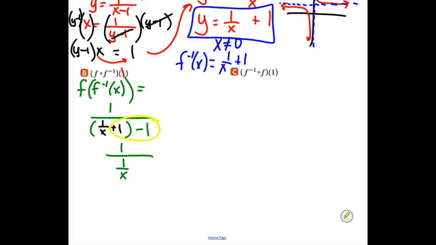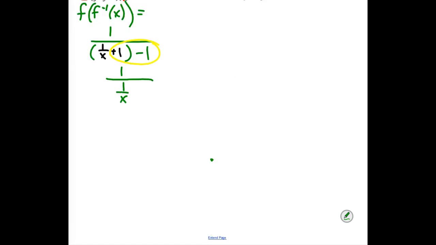These undo each other, right? I'm adding 1, I'm subtracting 1. Cancel each other out. How do I get rid of dividing by a fraction? How do I clean that up? Multiply by the reciprocal. So the reciprocal of this would be x. So I'm going to multiply both top and bottom by x.